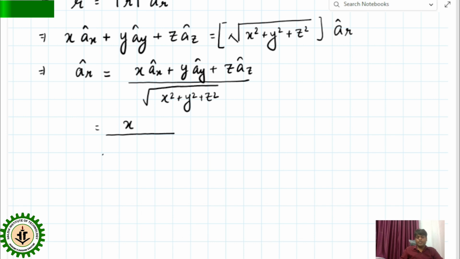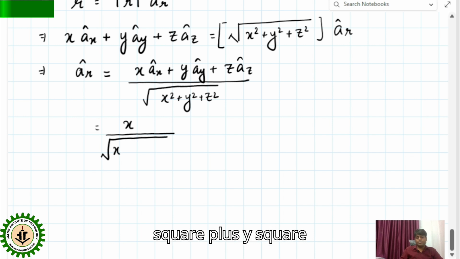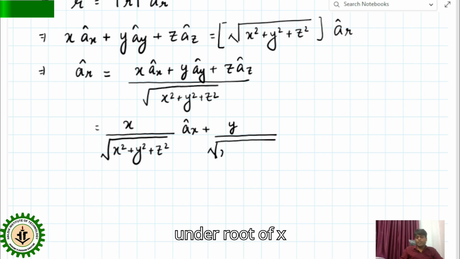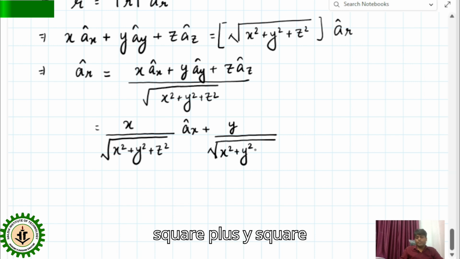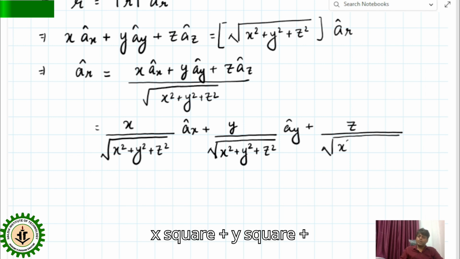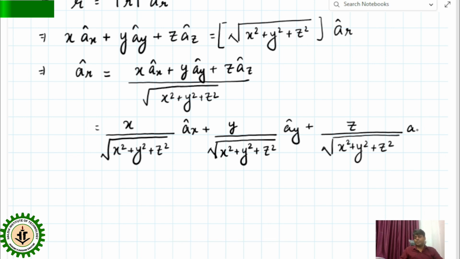Or we can also write it as x divided by the under root of x square plus y square plus z square times ax cap, plus y over the under root of x square plus y square plus z square times ay cap, plus z over the under root of x square plus y square plus z square times az cap.